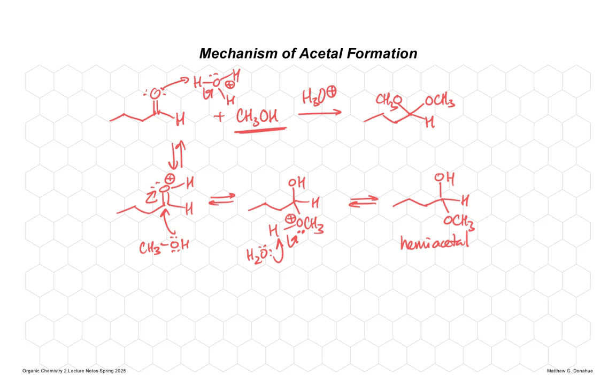And then what do you think the next step would be? Because we've got to get rid of that OH. Sprinkle some pixie dust on there, magic happens. Again, because we're under acidic conditions, we have to protonate that other OH because we want it to leave as something neutral.